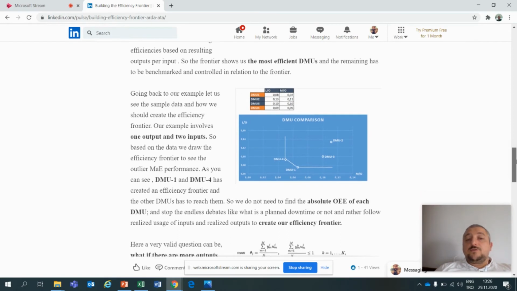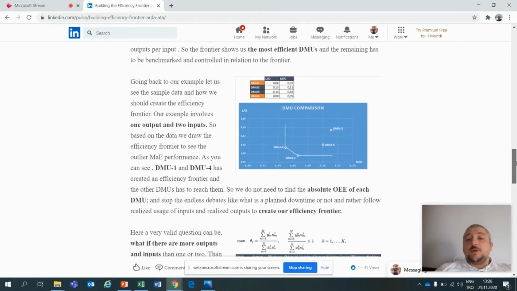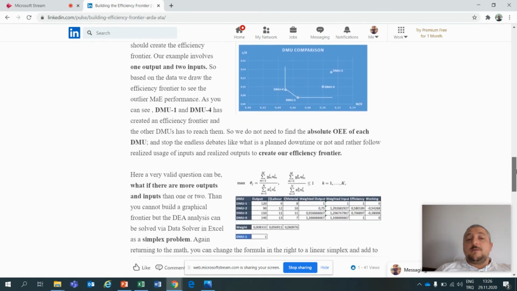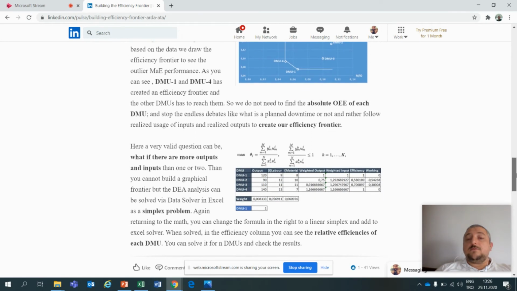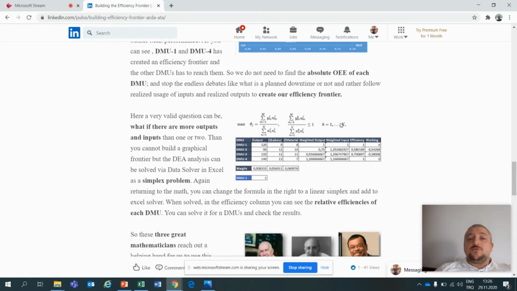But of course, we need to understand that there can be more than two inputs and more than two outputs. If that is the case, you can use the simplex algorithm, even in Excel, and simply solve the problem as a simplex problem, and you will still get the relevant efficiencies of each DMU.